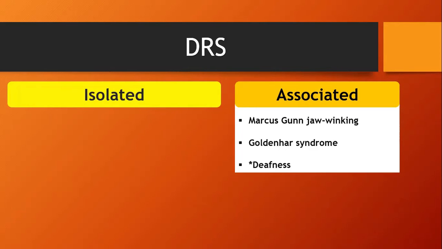Actually in New Kanski, they now consider Marcus Gunn as one of the CCDD also. So whenever you have a case of Duane Retraction Syndrome, you can tell the examiner you have to search for associated disorders, consult the pediatrician, and check for deafness.